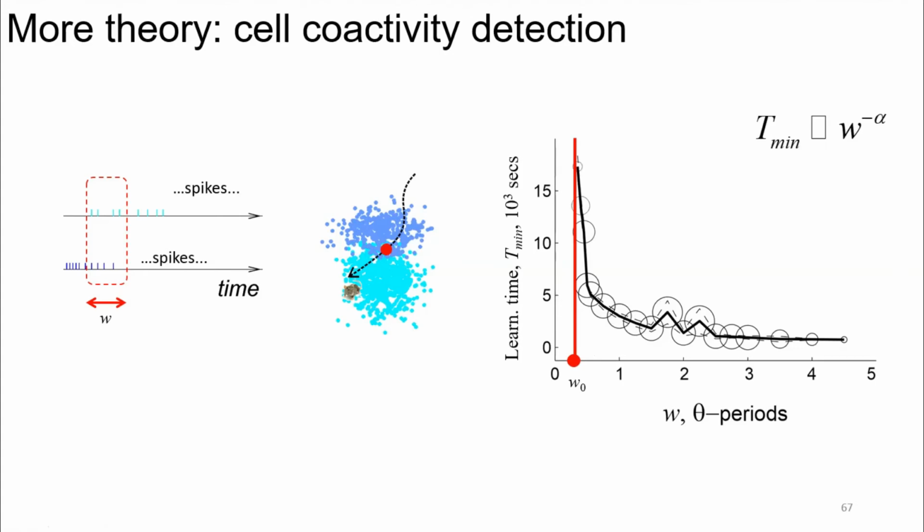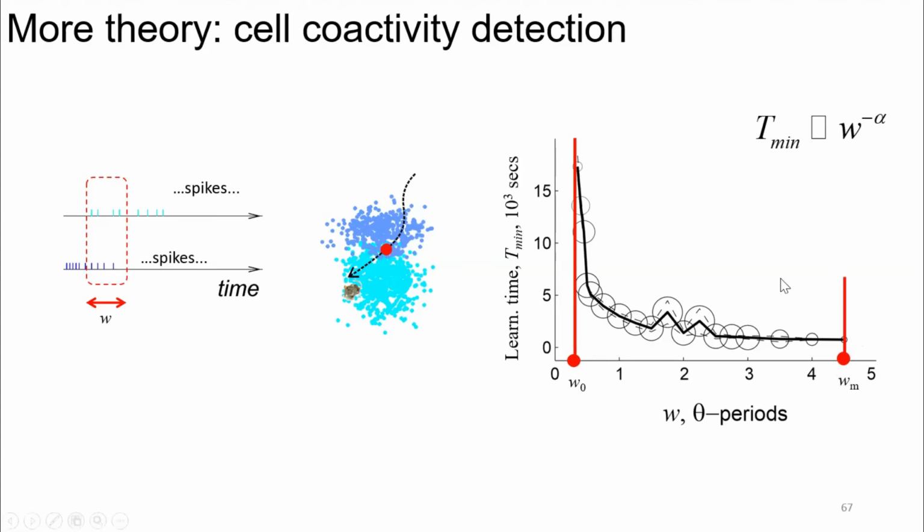That's easy to accept. Another interesting thing is that W cannot be too large, which is also in principle easy to understand, because if W is too large, then any cell is coactive with any other cell. As a result, what you get is just a big gunk of space with no structure, and it's a wrong answer.